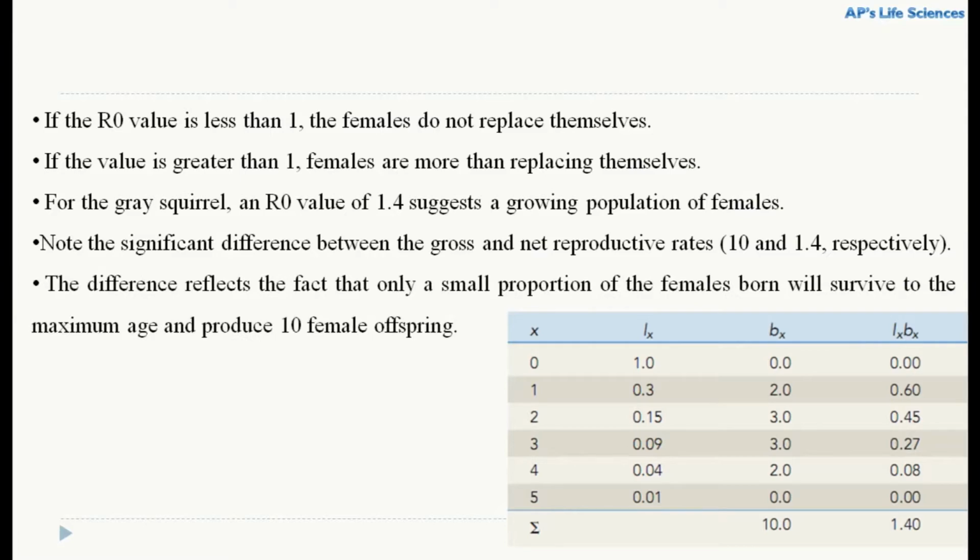The difference reflects the fact that only a small proportion of females born will survive to the maximum age and produce 10 female offspring, whereas if we look at the actual net reproduction across individual age classes, that is 1.40, each female is able to replace herself by a factor of 1.40.